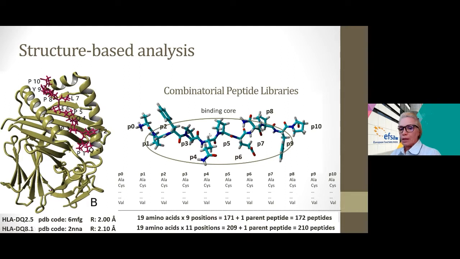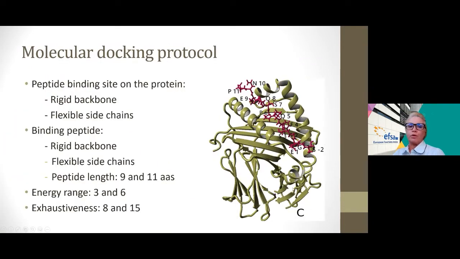The second library contains, apart from the binding core, one flanking residue at both sides. So it consists of endecamers and contains 210 peptides. Each peptide from these combinatorial libraries was docked on the binding site of the corresponding HLA protein.